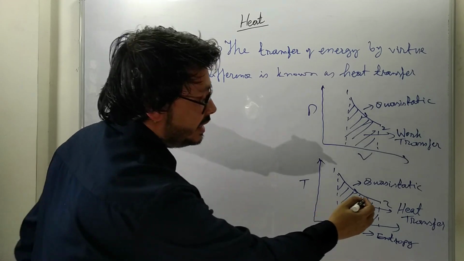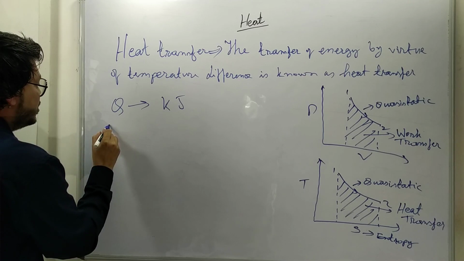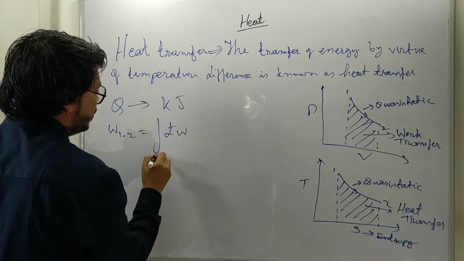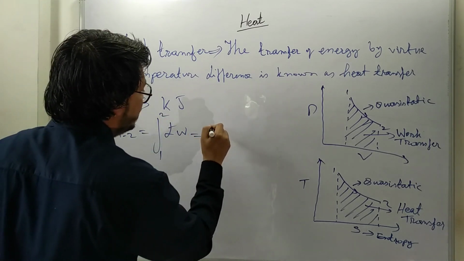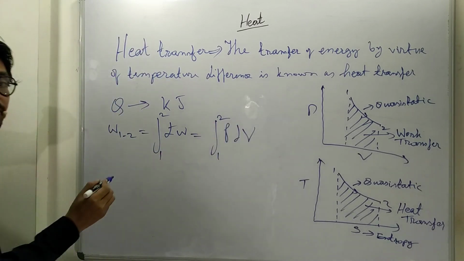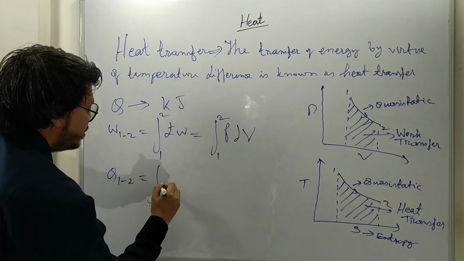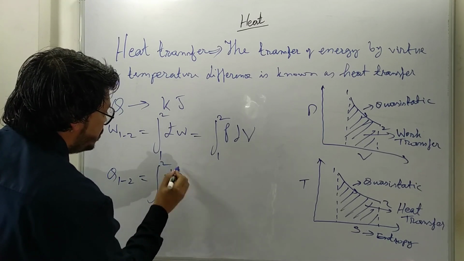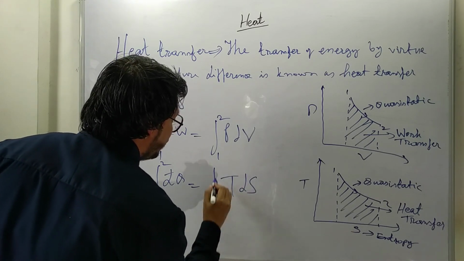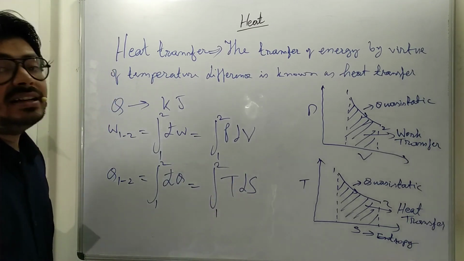In work, we have the general equation: work transfer from 1 to 2 is the integration of dW from 1 to 2, equal to the integration of pdV from 1 to 2. Similarly, for heat transfer, we have heat transfer from 1 to 2 equal to the integration of dQ from 1 to 2, equal to the integration of TdS from 1 to 2, where T is the temperature and dS is the change in entropy.